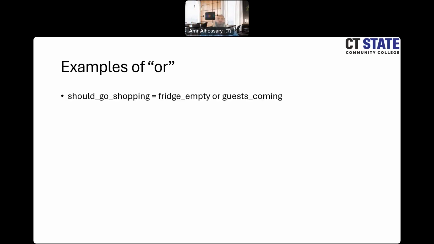which means one or the other is enough, or both of them. So I should go for shopping if the fridge is empty or I have guests coming. Of course, if both of them are true, I will also go for shopping. Meeting should be online if there is a remote team or there is bad weather.